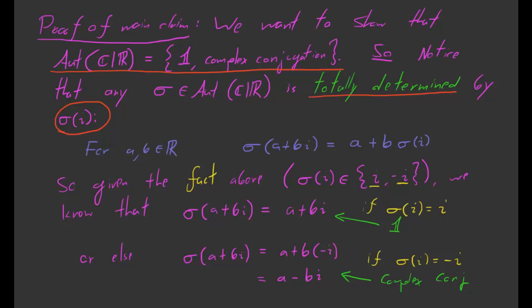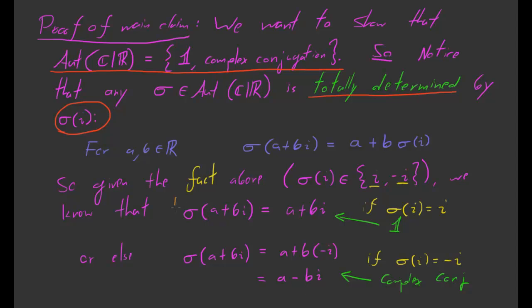So we're done. Now let me briefly review the argument. We want to show that sigma is either the identity or complex conjugation. And we've shown from the fact above that sigma of i is either equal to i or negative i. There are no other possibilities. So sigma of a plus bi is either equal to a plus bi, which is what happens if sigma of i is equal to i, or sigma of a plus bi is equal to a minus bi.